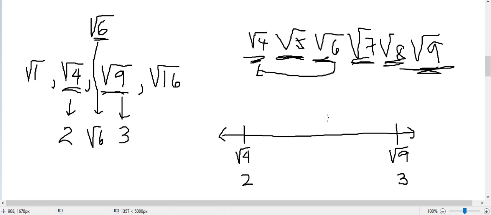So this is, let's say, 2.5. So square root of 6 is nearer to 2. So we put it here, square root of 6. Alright.